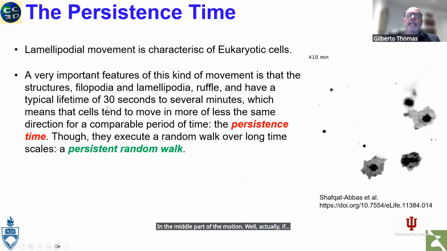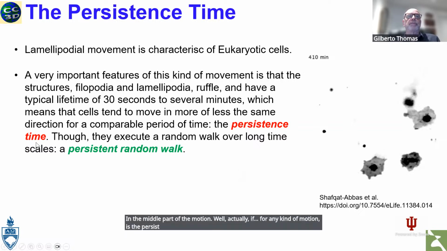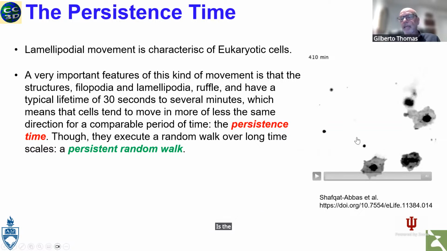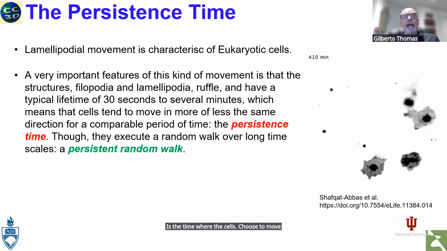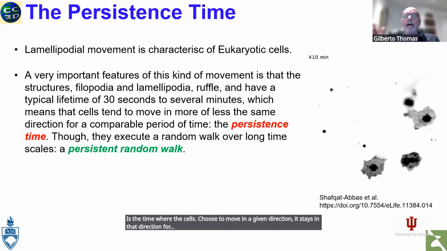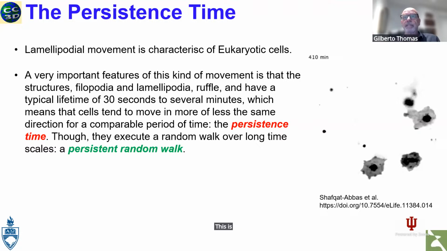One of the characteristics of this kind of motion, lamellipodial motion, or actually any kind of motion, is the persistence time of motion. What is persistence time? It is the time where the cell chooses to move in a given direction and stays in that direction for a certain amount of time. This is what we call persistence time.